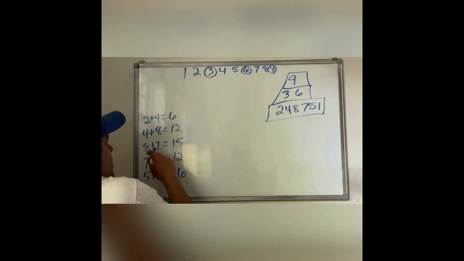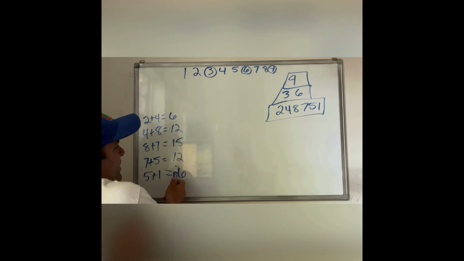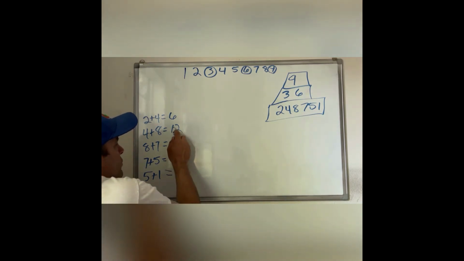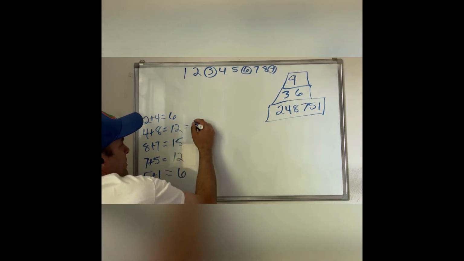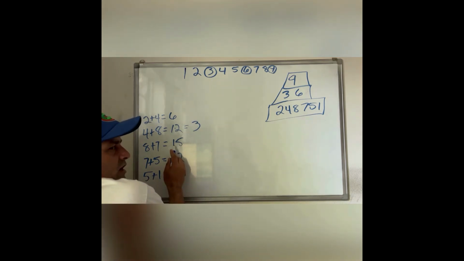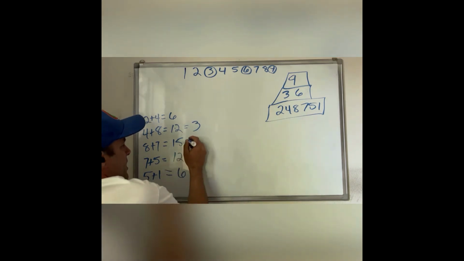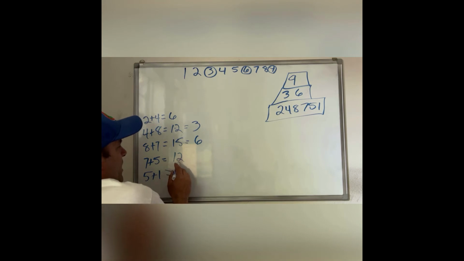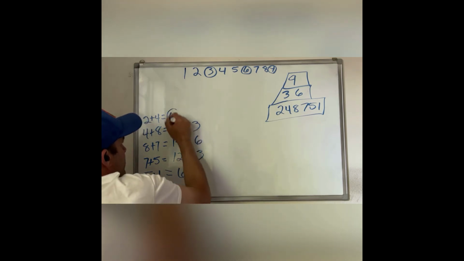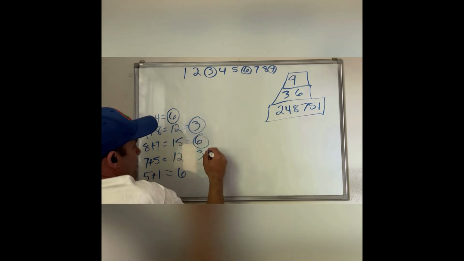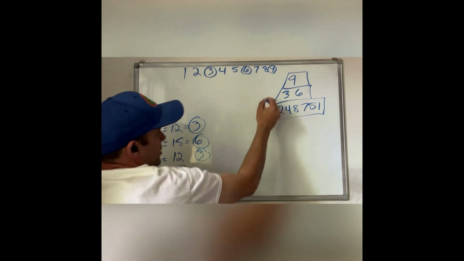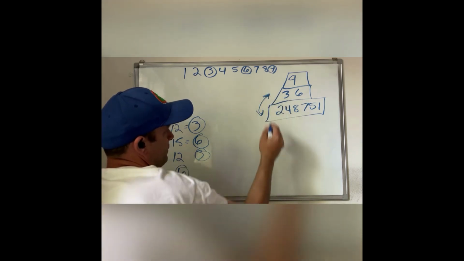Okay, so we have 3 in the middle here that needs to be reduced, right? So 12 is 1 plus 2, that equals 3. 15 is 1 plus 5, that equals 6. 12, again, is 3. So here's how you know that 3 and 6 govern the physical world numbers.